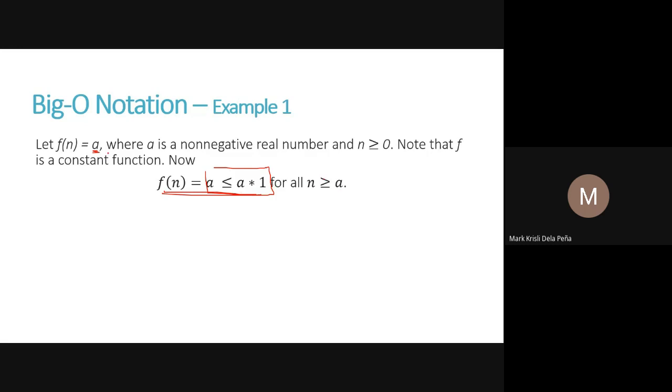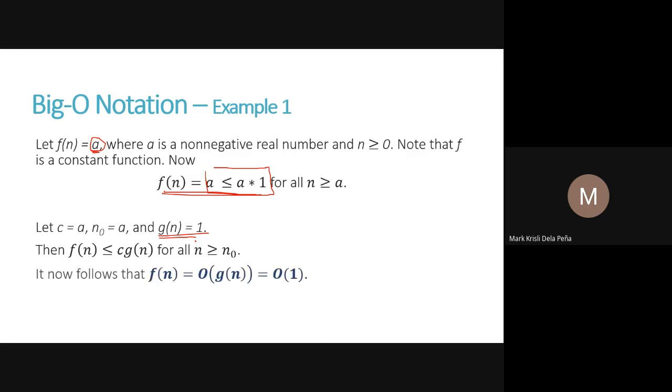Now, since our growth rate is a constant, then our g of n is equal to 1. Then our final answer will be that big O of f of n is 1.